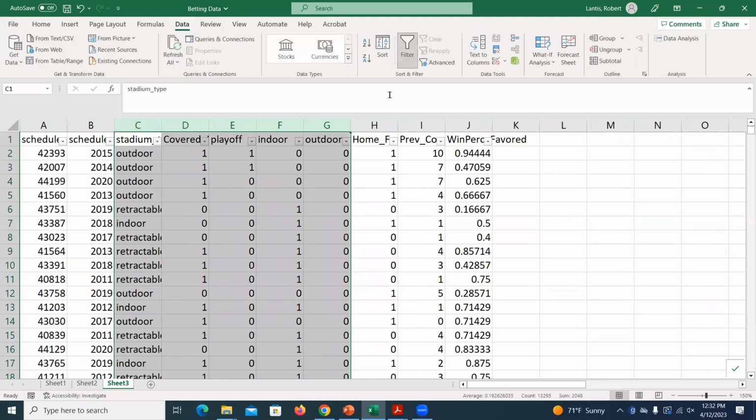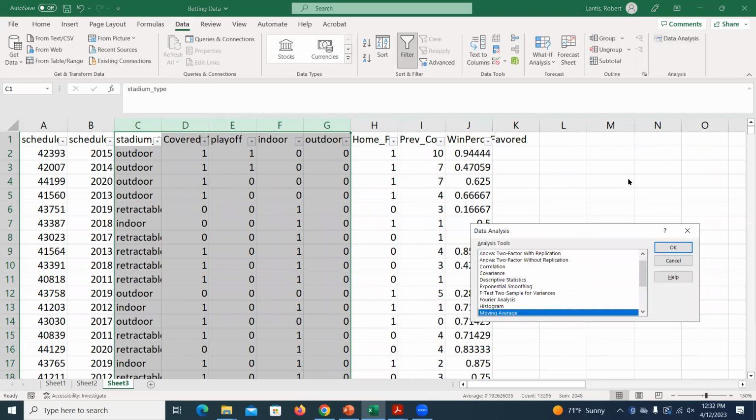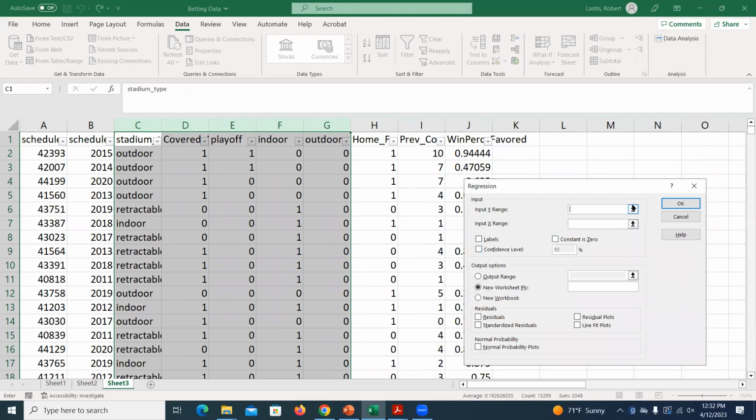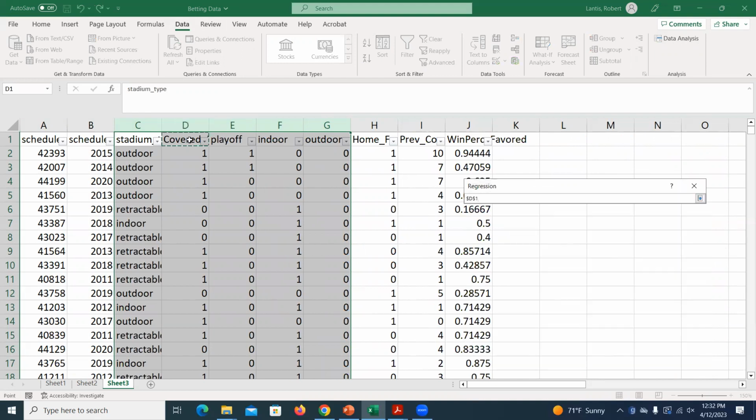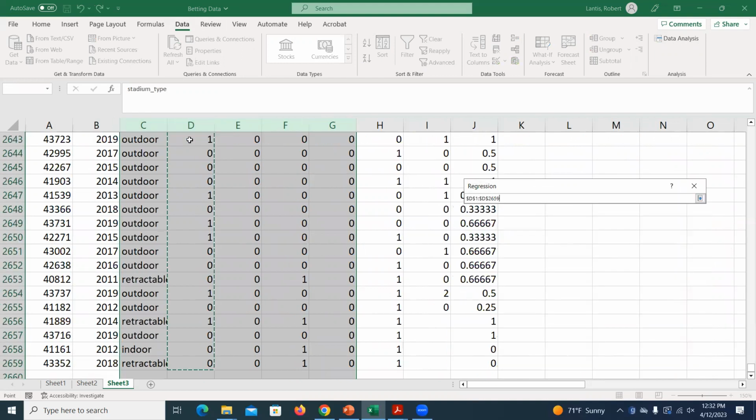So I then go to data analysis, down to regression, hit OK. My dependent variable I wanted was, did they cover the point spread of that game? So I can select that entire column of data. Now I already see I'm going to have a problem, because if I try to select my independent variables, I've got some blanks, right?